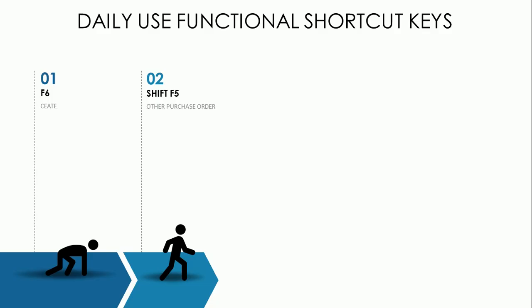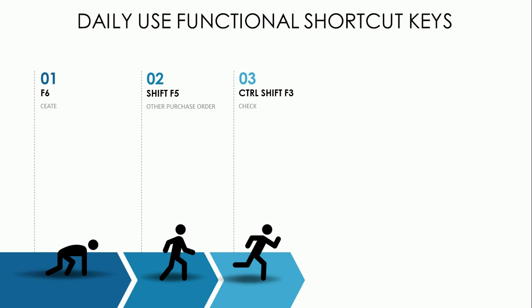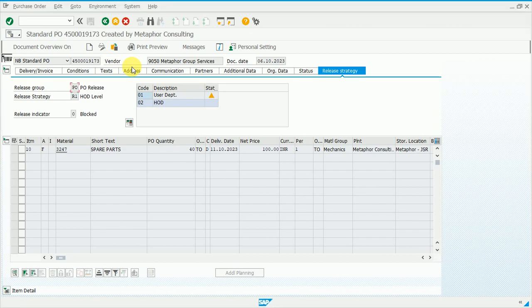Now move towards the third shortcut key. The third shortcut key listed over here is called Check. Let's suppose your data is available in the system and you want it verified and cross validated, to see whether the data is consistent or not. In that case this check methodology is going to work. Now how can we perform it through the shortcut key? Control Shift F3. Now we have to cross check it further.